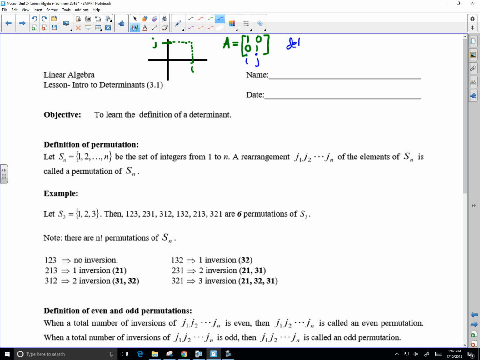The determinant of A, we were doing diagonal down minus diagonal, AD minus BC. But if we just look at it, what is the length of this side? 1. What is the length of that side? 1. 1 times 1, 1. It's the area contained within that rectangle.